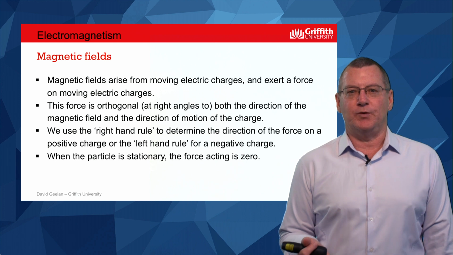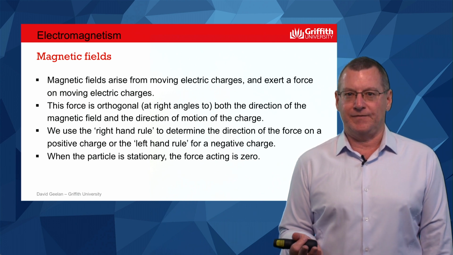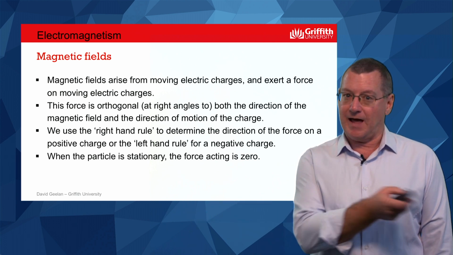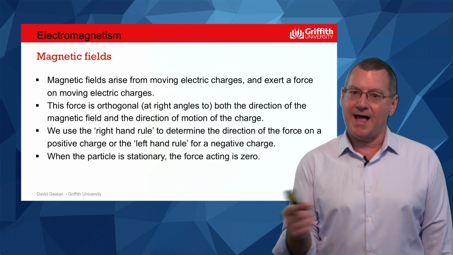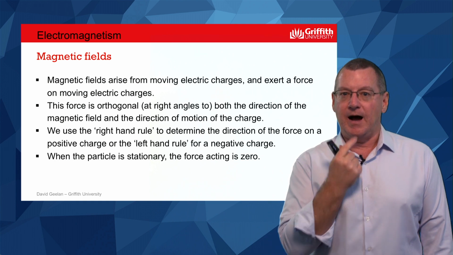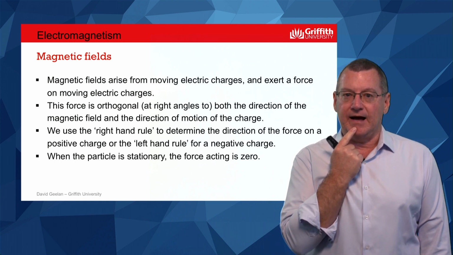So if there's a charge moving, it will create a field. If you've got a charge by itself, just flying along, it will have a field around it. If you've got many charges moving in a wire, there will be a field around it.